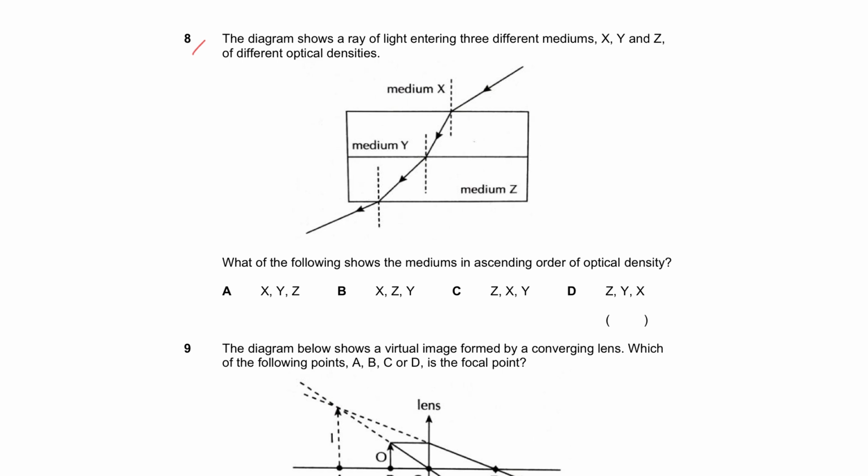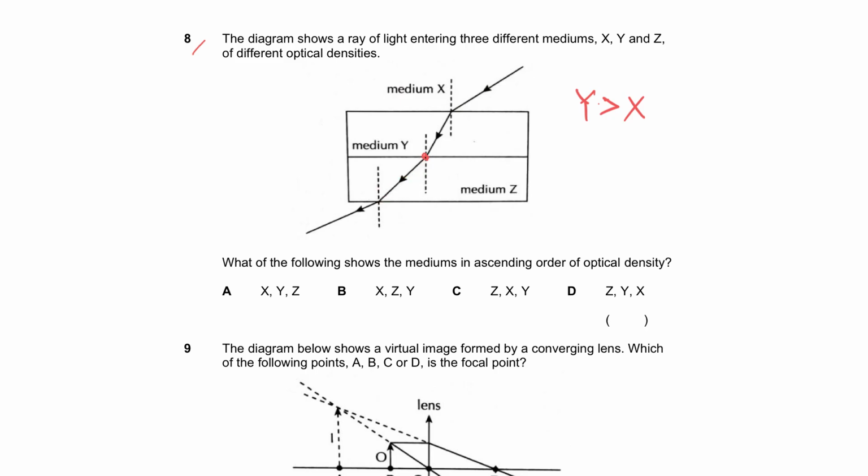Next question, question number 8 here. So you can treat it as the air here, and since it bends towards the normal, the speed decreases. That means medium Y is denser than medium X. So the Y is denser, so the refractive index is higher than X. And then from this point into the Z here, it bends away from the normal.